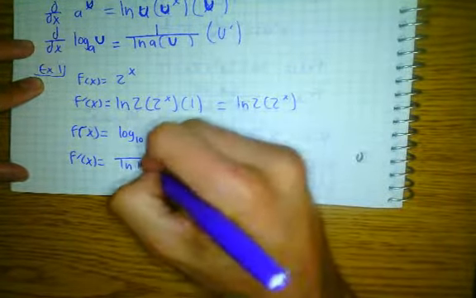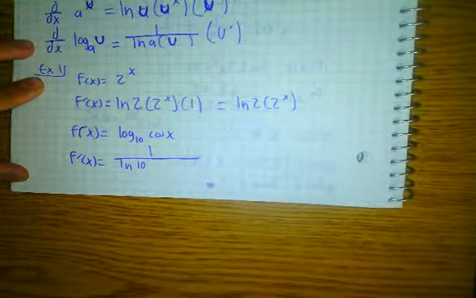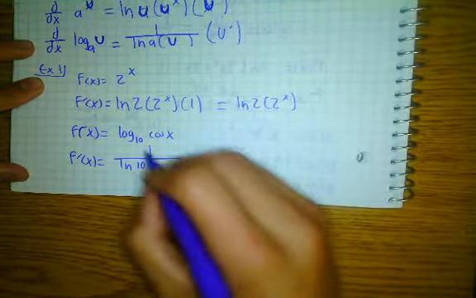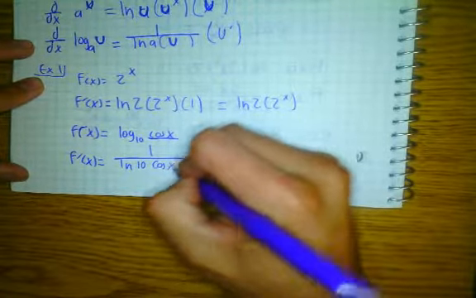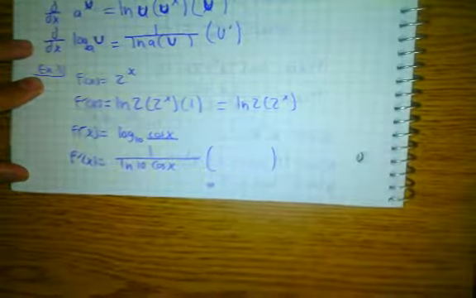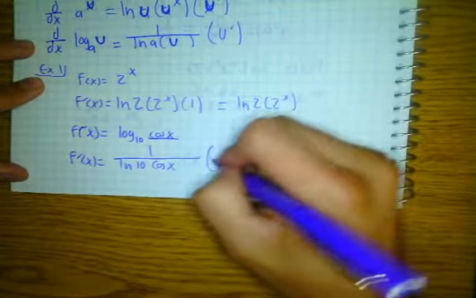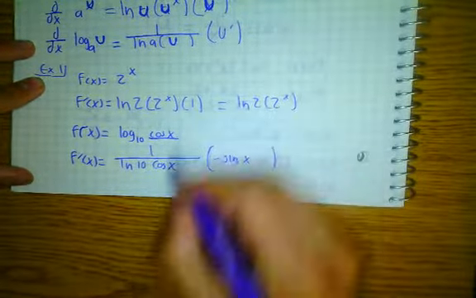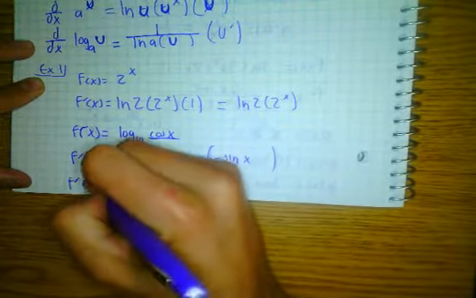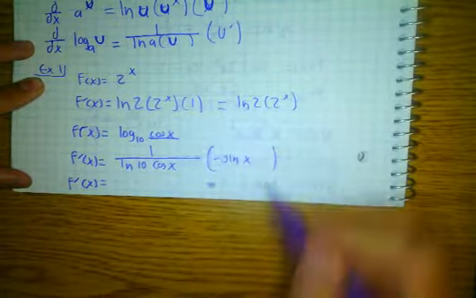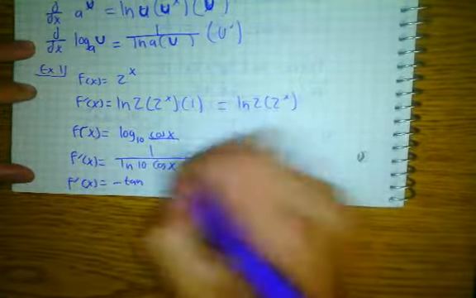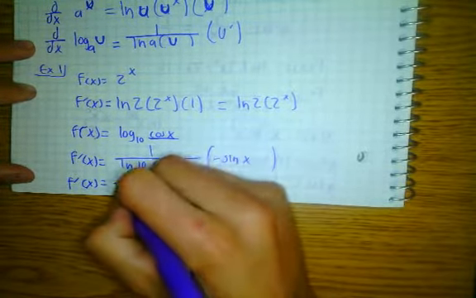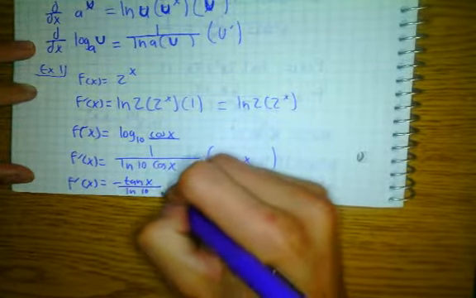The base, right? Which is 10. Times what? u for us would be cosine x. This entire thing is going to be multiplied by the negative sine x. f prime of x is equal to, well, if I have sine over cosine, what's that? Negative tangent of x over ln of 10.